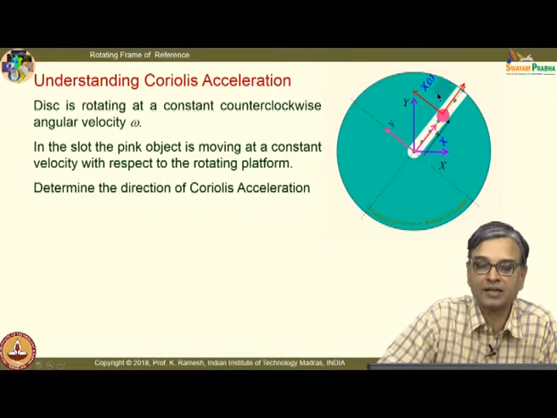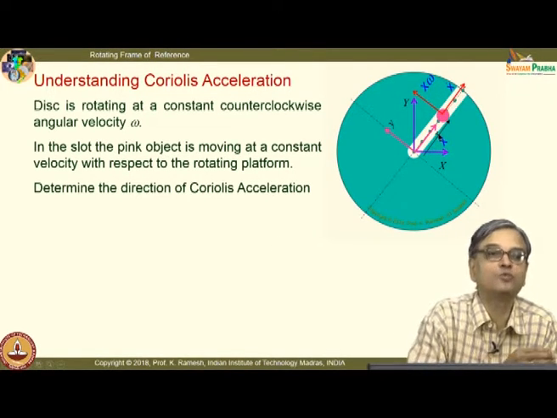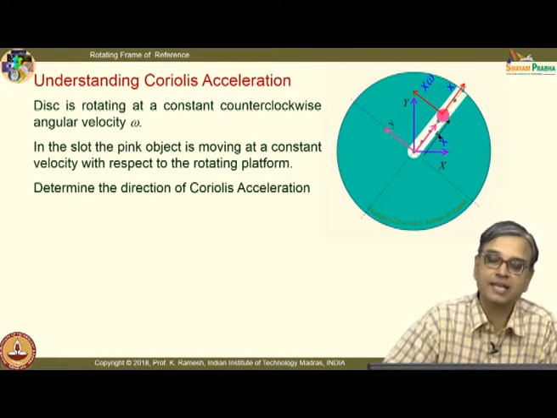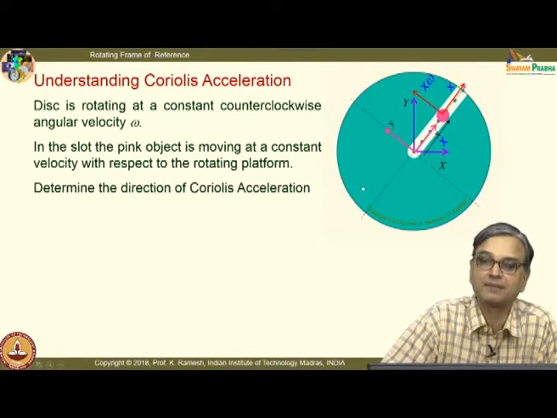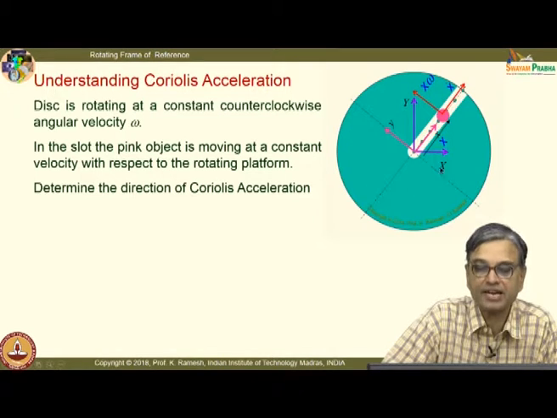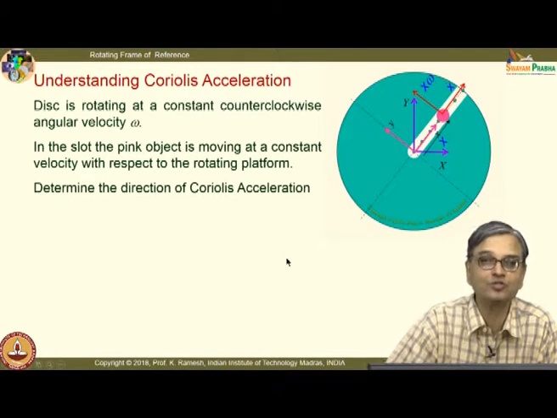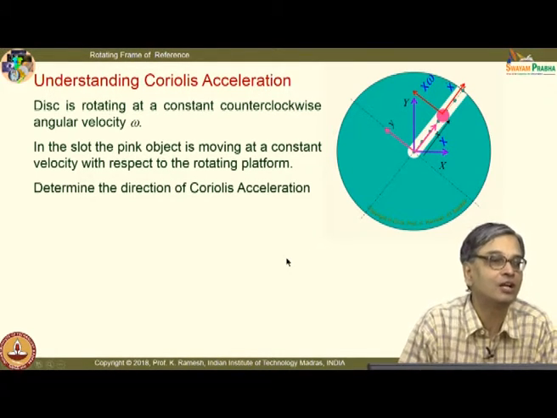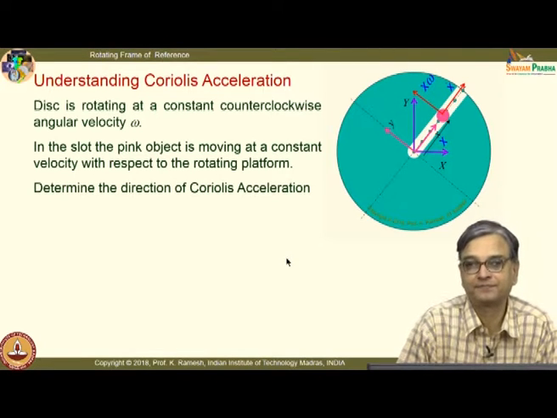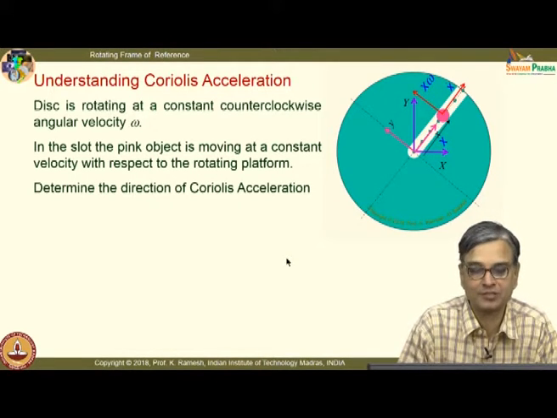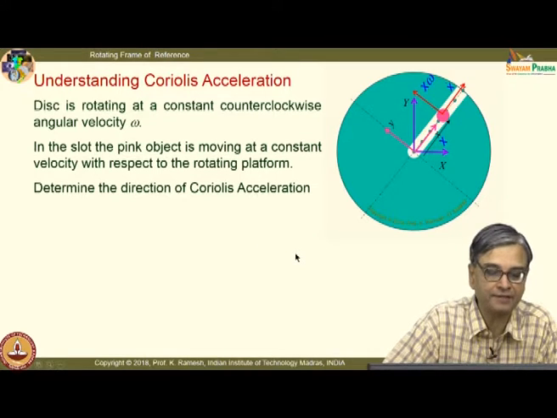So, r omega is the velocity because the platform is rotating, and x dot is the velocity, the particle is moving in the slot. See, I am going to repeat this animation several times. In each slide you will first see this animation. The idea is to get the idea of what is happening to the particle as clearly as possible.